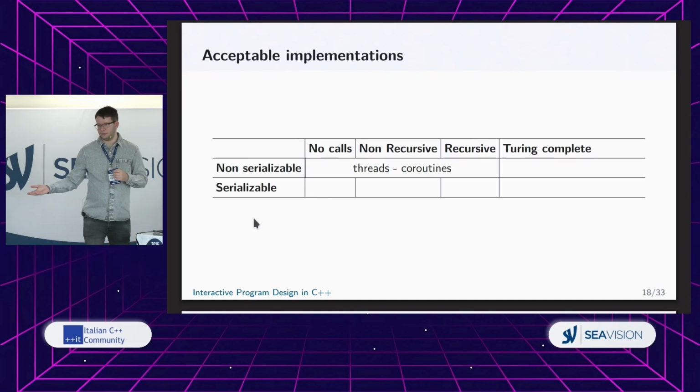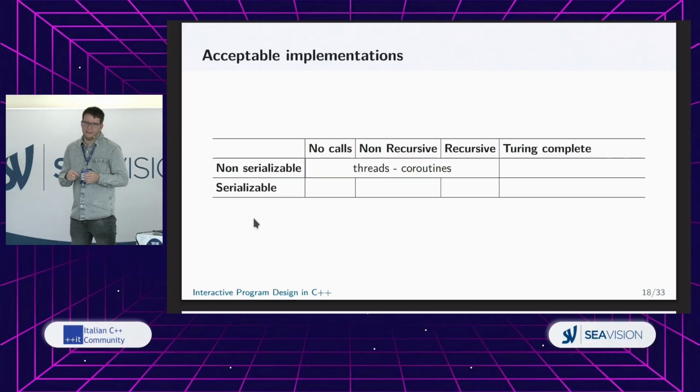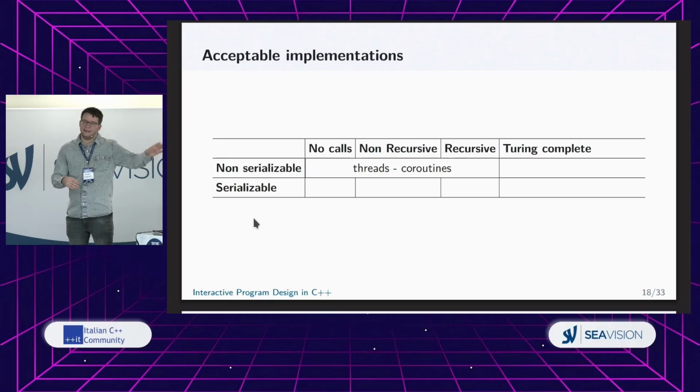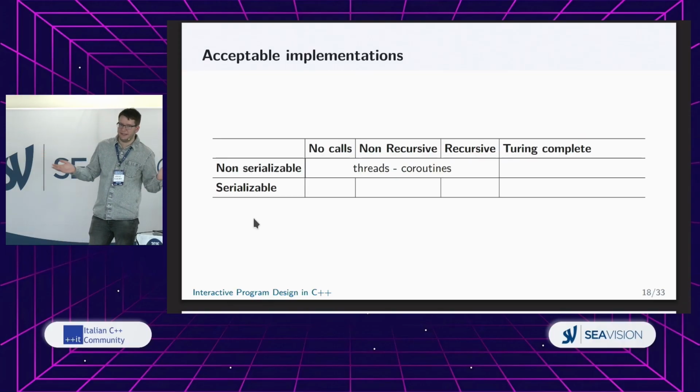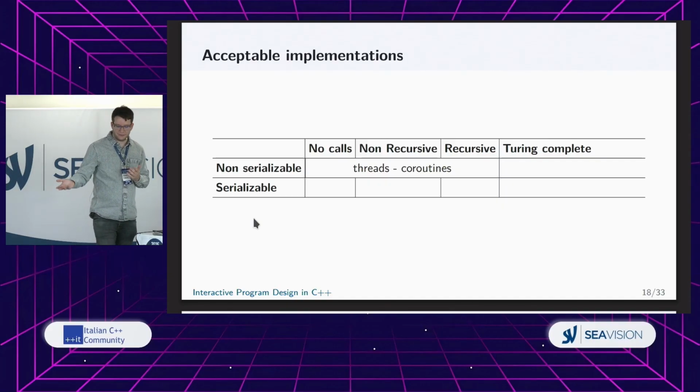If you have a protocol, as we said, it is an interactive component, but for a protocol you do not want to serialize the state, right? If you save on disk the state of a protocol and then you load it back, the other guy on the other side of the connection is gone. It makes no sense to serialize a protocol. So for protocols, coroutines are perfect, right? That is the exact place where you see coroutines shine.